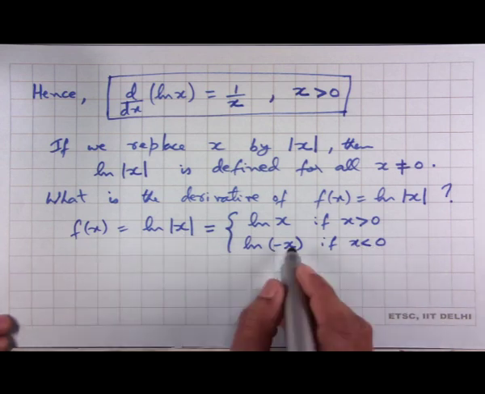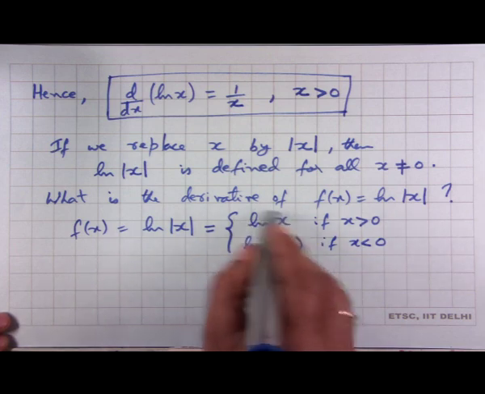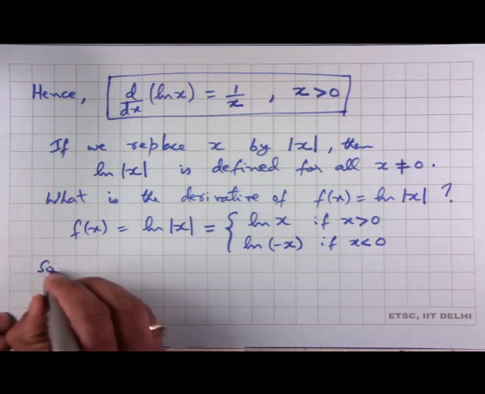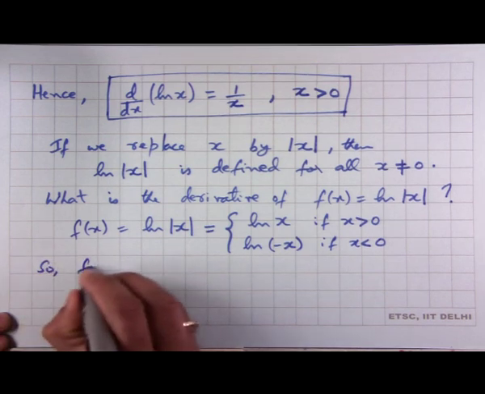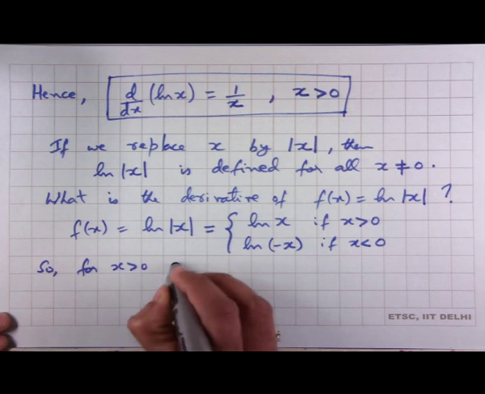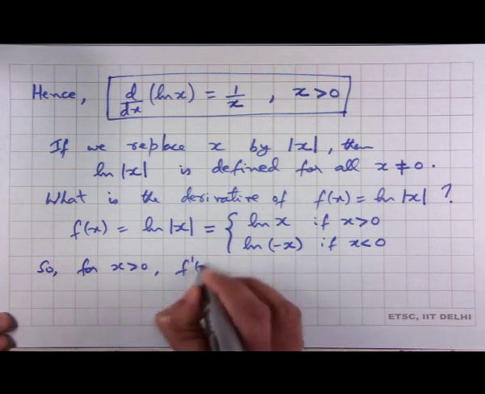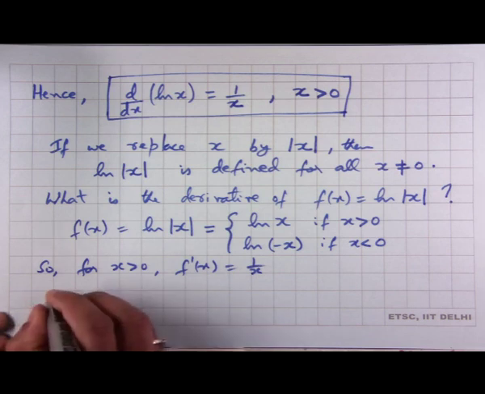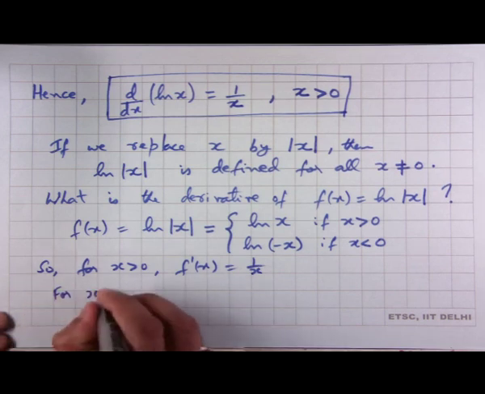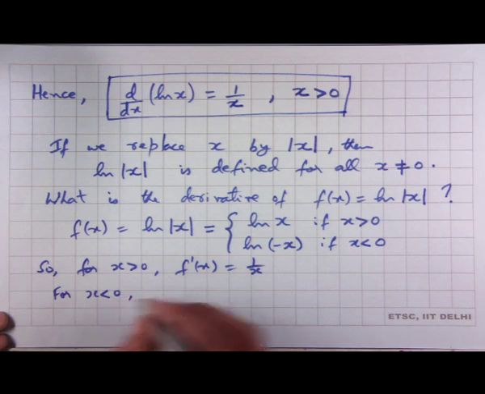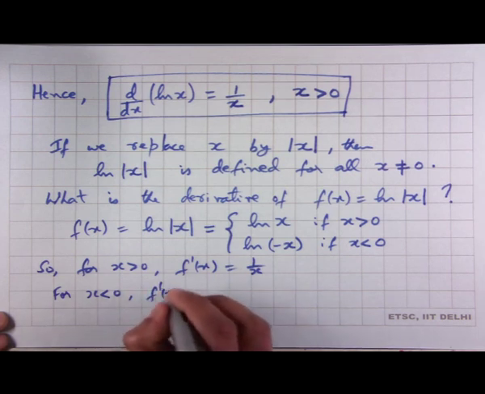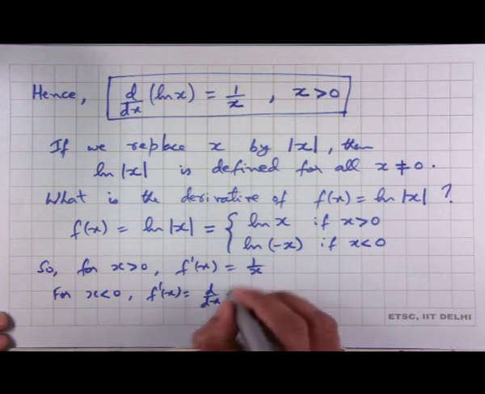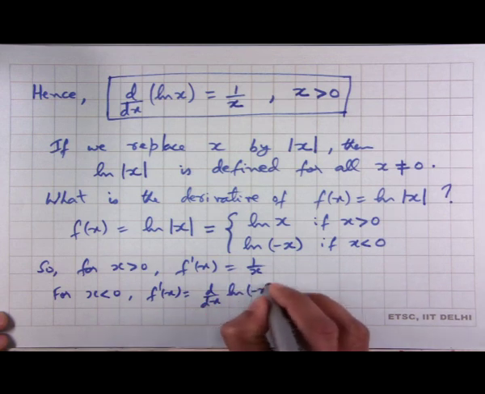So, this is the function. Now, we know the derivative of ln x. So, for x greater than 0, f prime x is equal to 1 by x we have seen, and for x less than 0, f prime x is d by dx of ln of minus x.